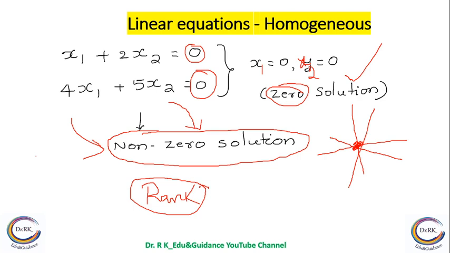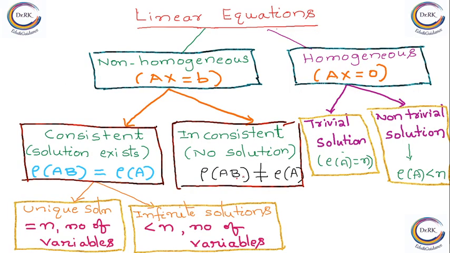This slide explains the whole scenario related to the complete system of linear equations. I'll go through this, then we'll try one or two numericals. So linear equations can be non-homogeneous, Ax equal to b, as discussed, or homogeneous, Ax equal to 0.